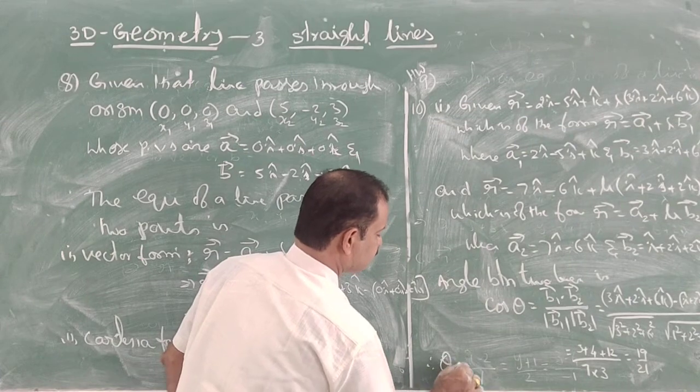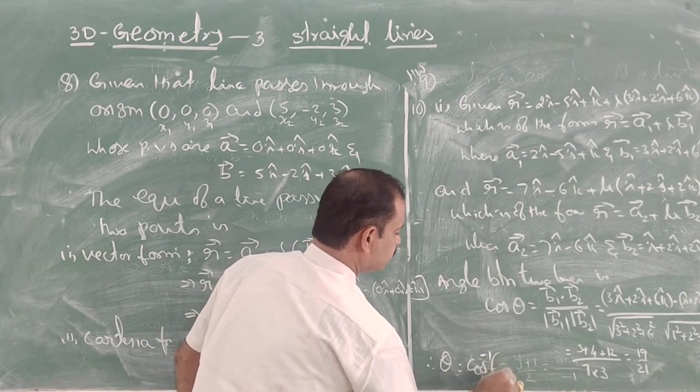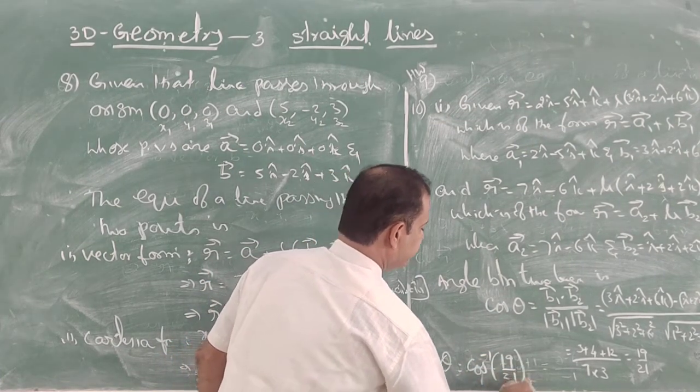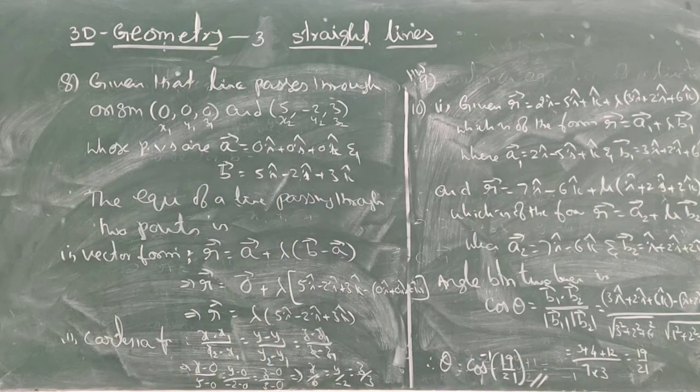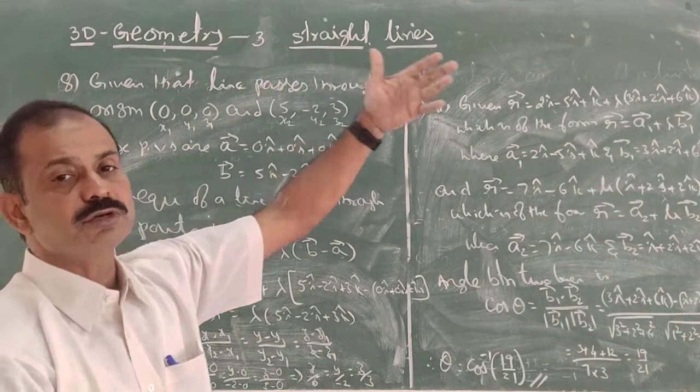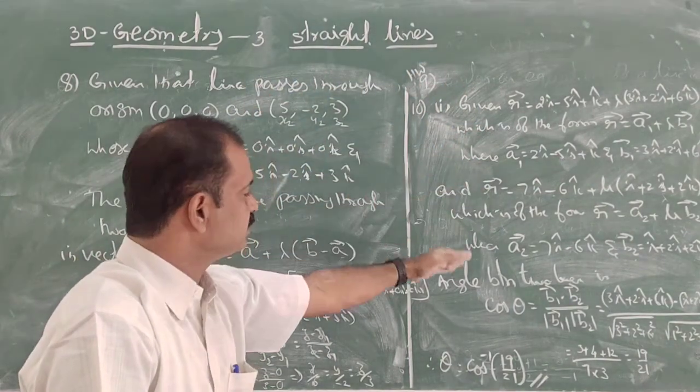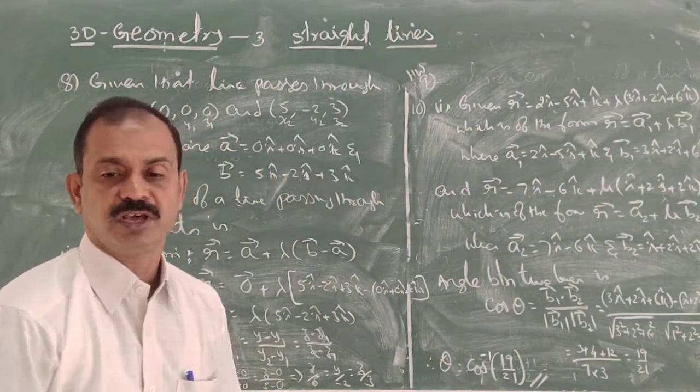Therefore θ = cos⁻¹(19/21). The only thing you have to do is trace out b1 and b2 and just substitute in the formula.